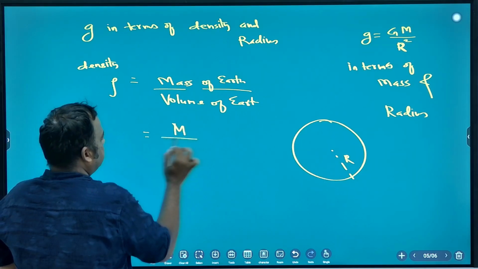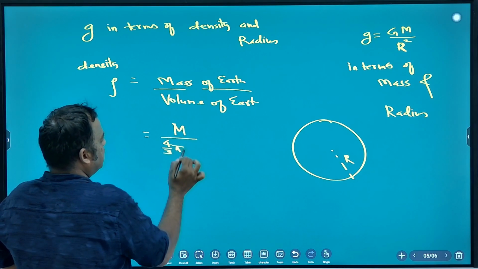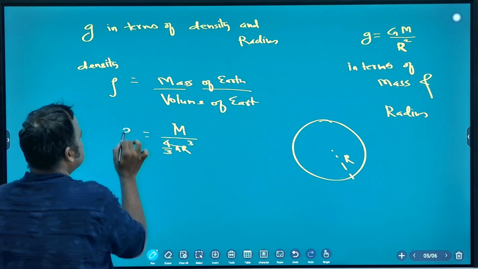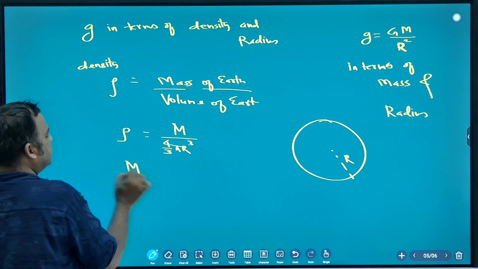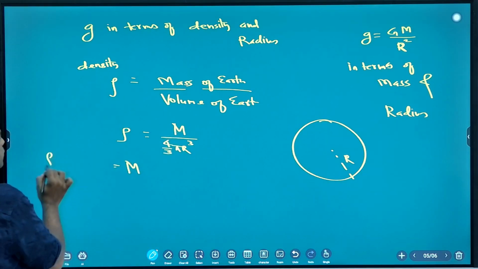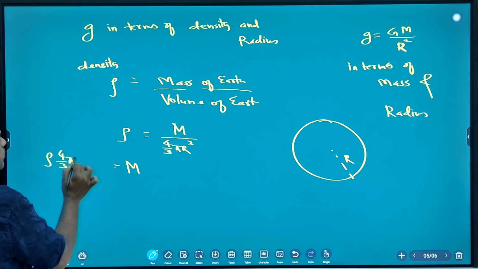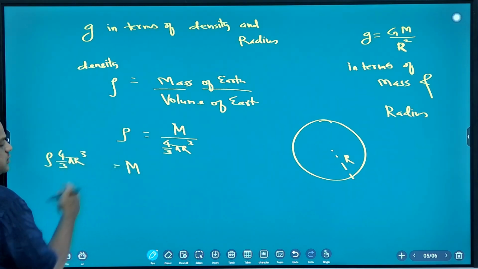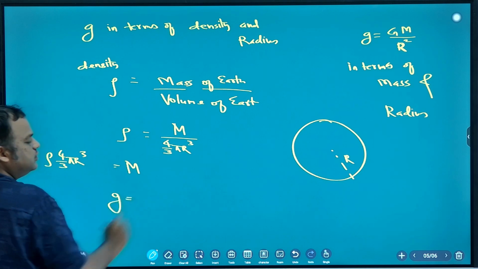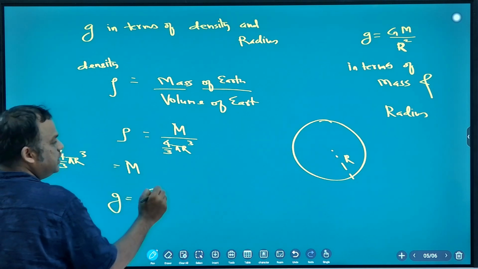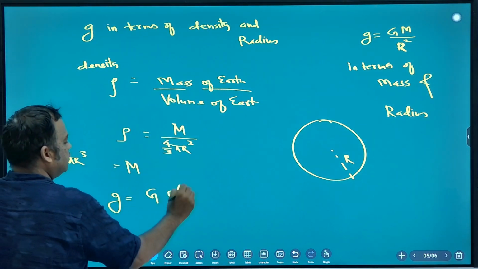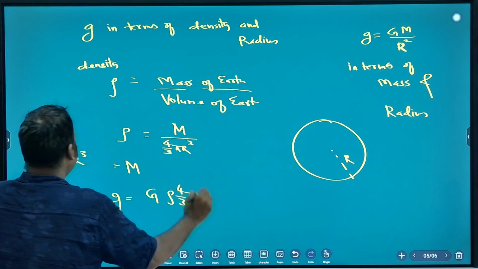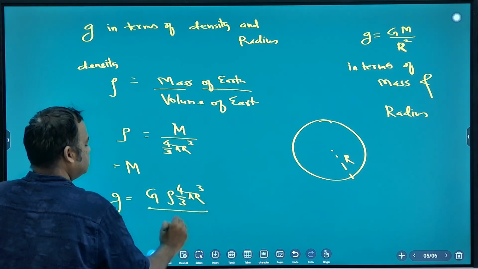So m by 4 by 3 pi r cube is equal to rho. So m can be written as rho into 4 by 3 pi r cube. This is mass. So what is the formula for g? g = G M by r square, where M is rho into 4 by 3 pi r cube.